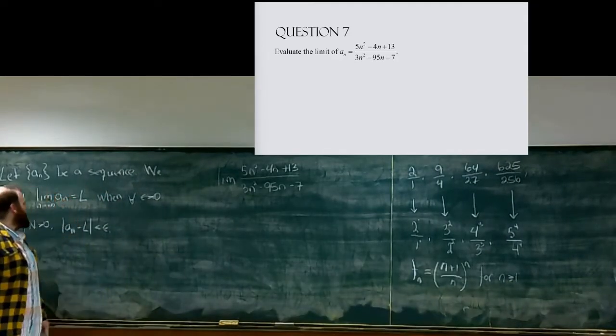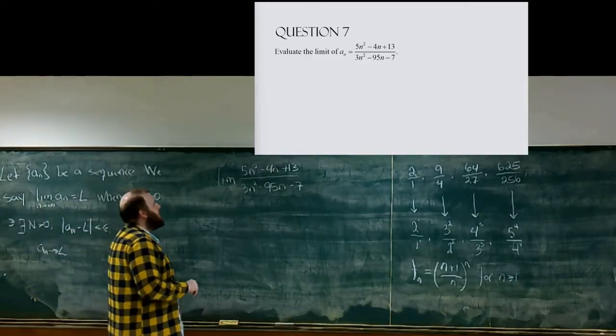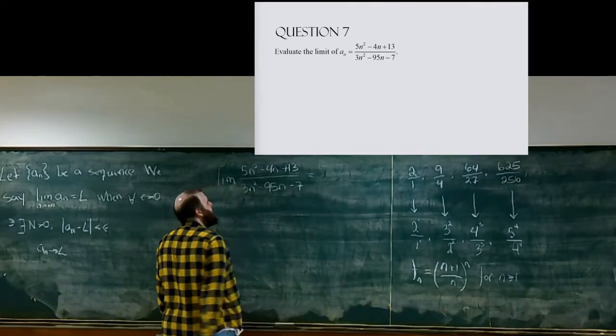You may also see it written this way: a sub n converges to L. So what is that limit?